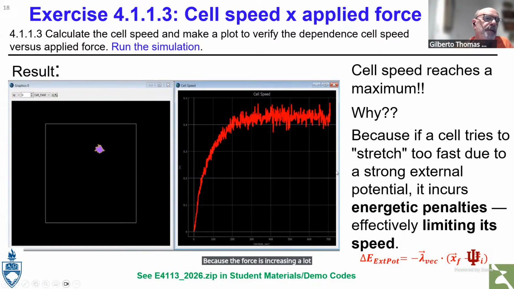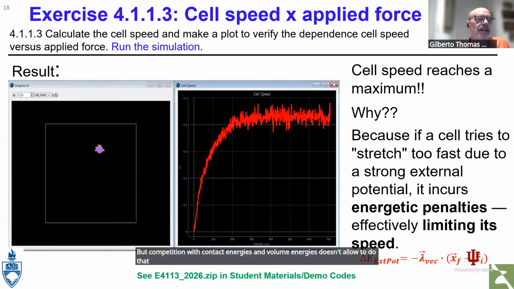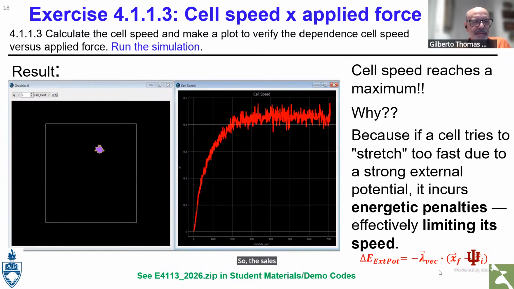But competition with contact energies and volume energies doesn't allow that. So the cells reach a maximum speed. It's a probability of acceptance matter. This is why the speed doesn't grow forever. Okay, continue.